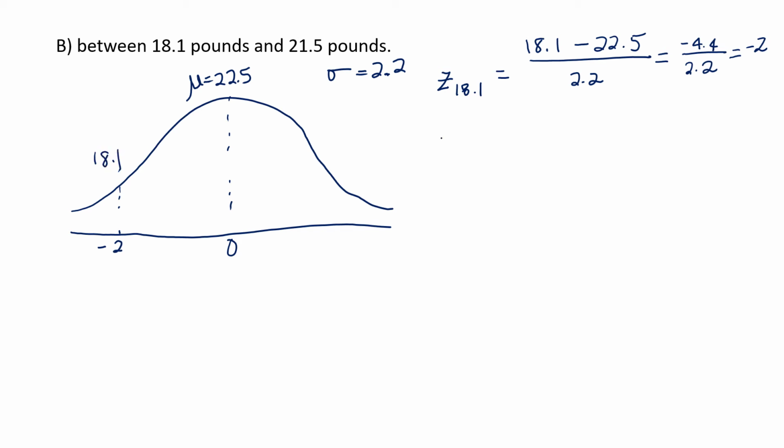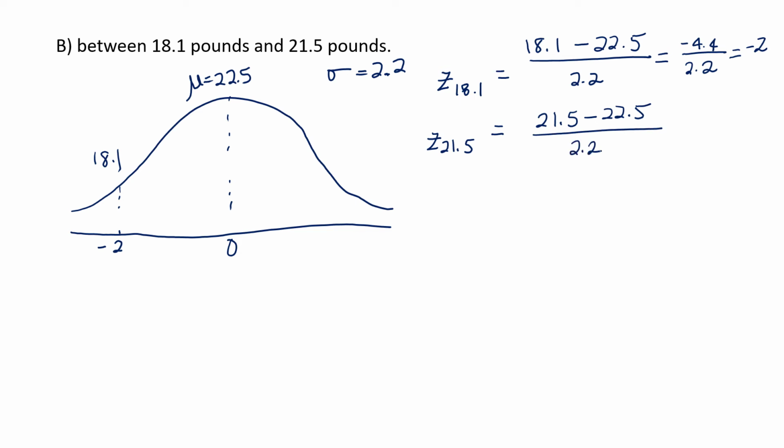Now let's find the z-score that matches the weight of 21.5 pounds. The formula tells us you take the data value, which is 21.5, minus the mean, which is 22.5, and divide that by the standard deviation of 2.2.